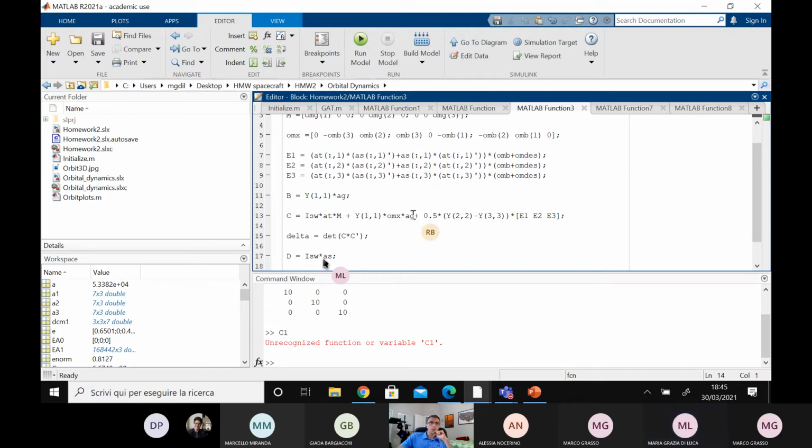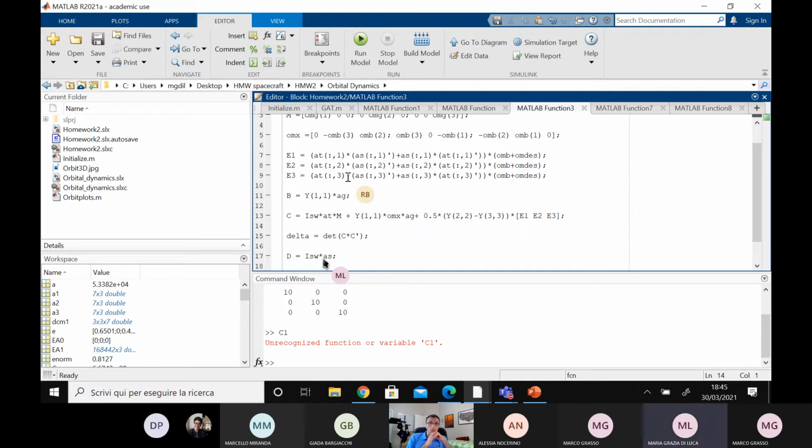So what you've done is E1 is A S transpose plus A T transpose times omega plus omega desired.